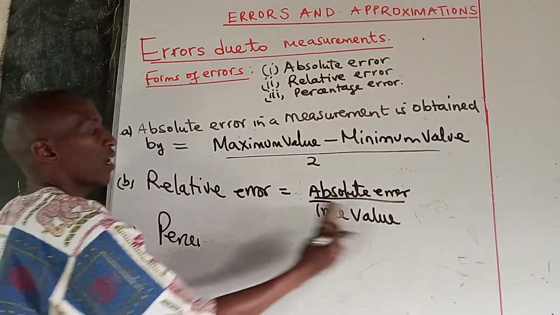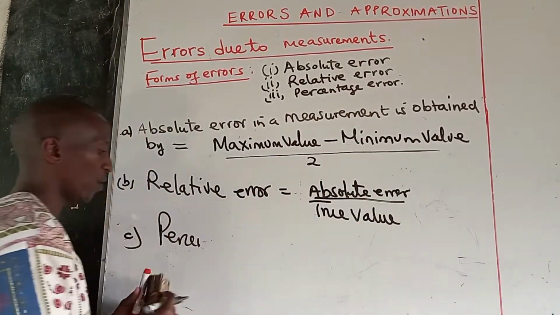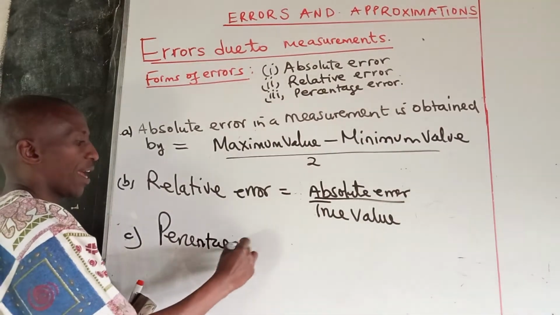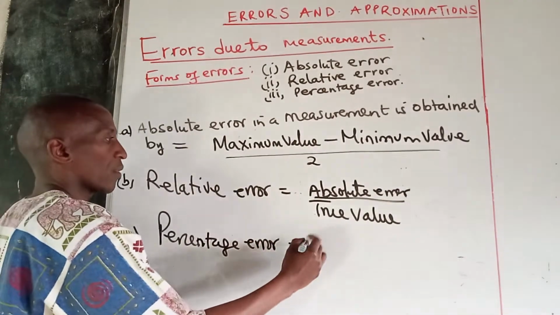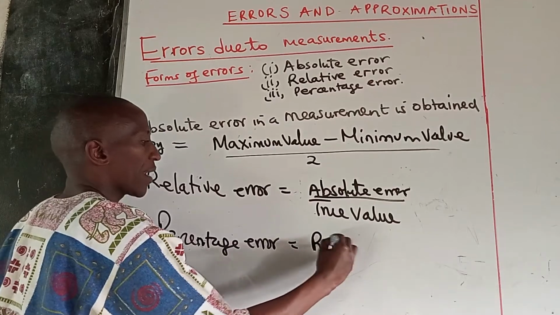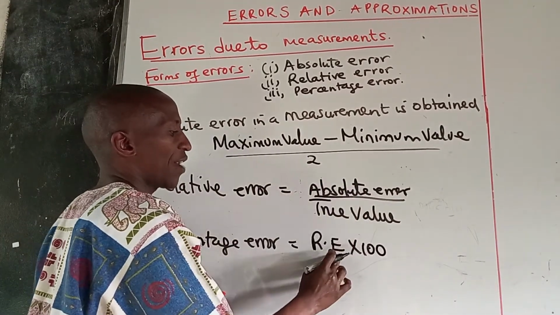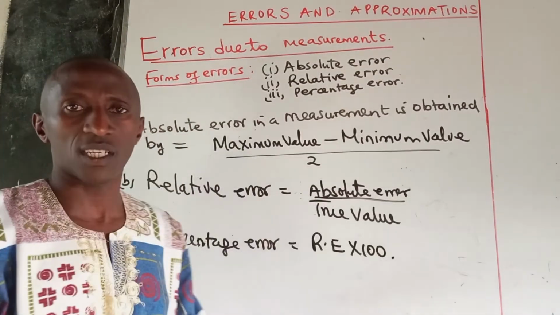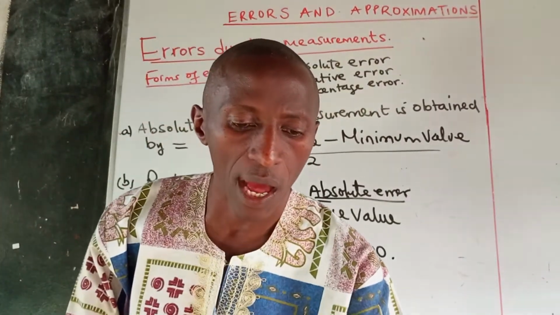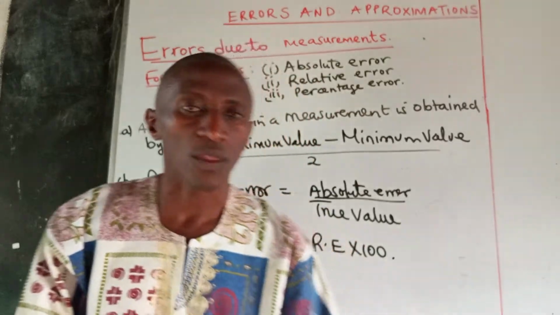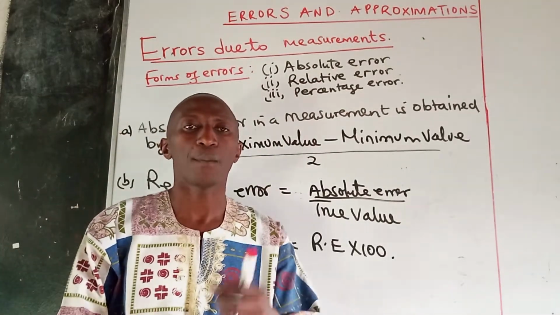In relative error, we have absolute error over true value, but in percentage error, we have the relative error times 100. That is this portion here times 100. And that takes us to an area whereby we shall show this one practically.